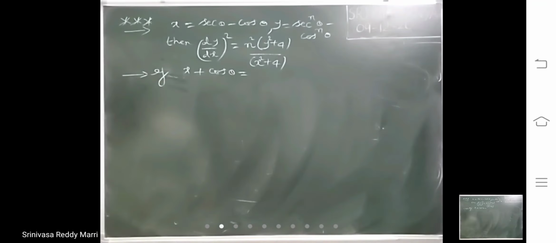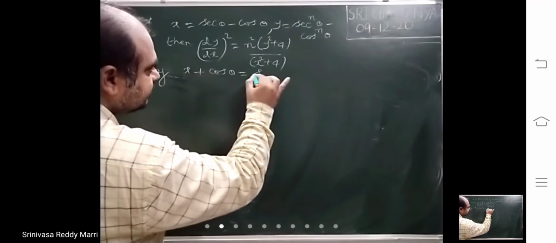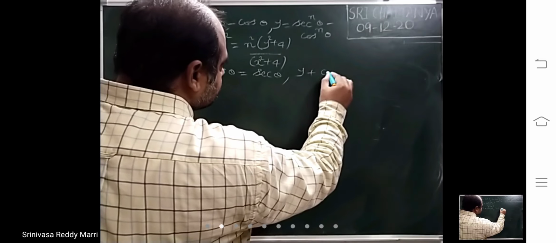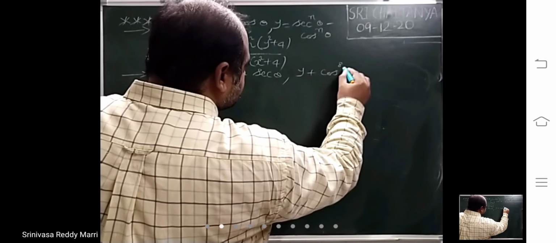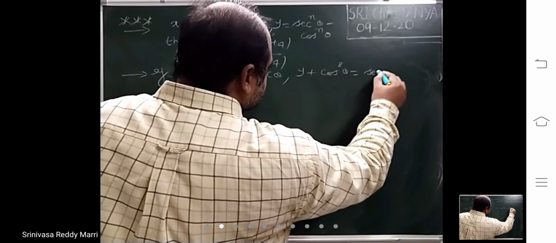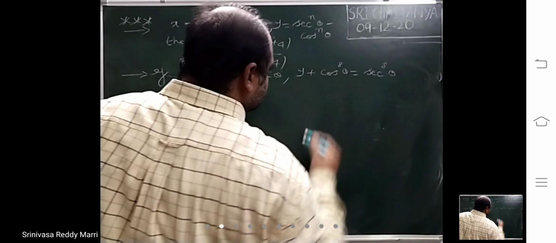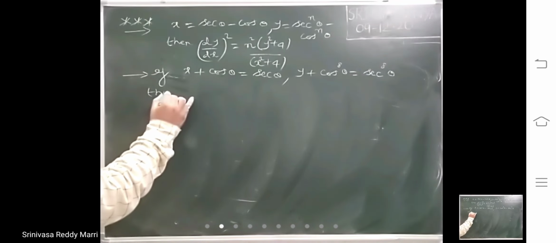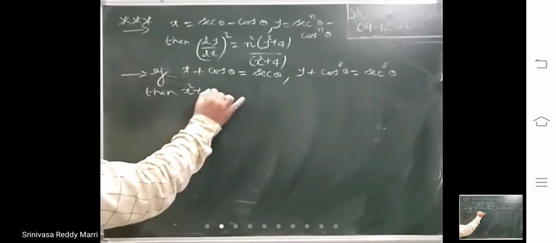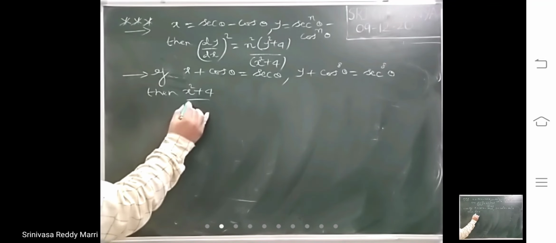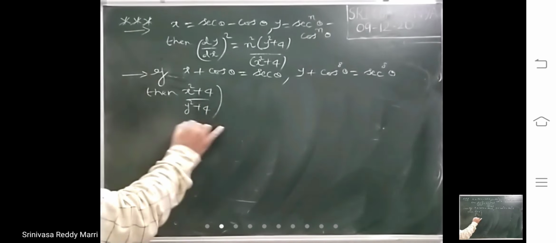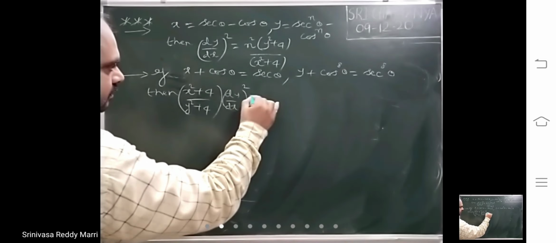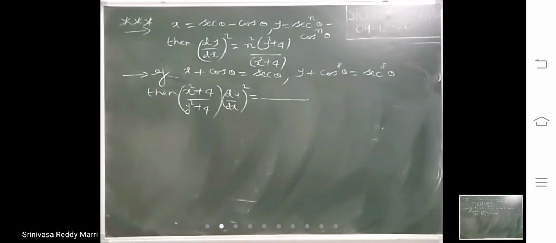If x plus cos theta equal to secant theta, it is given like this, then dy by dx whole square equal to dash. Suppose he asks like this.